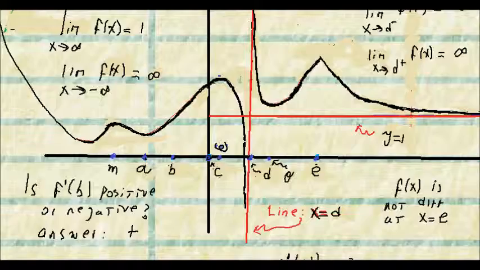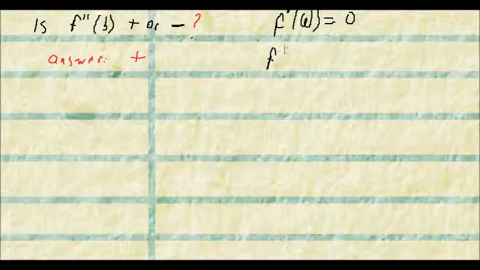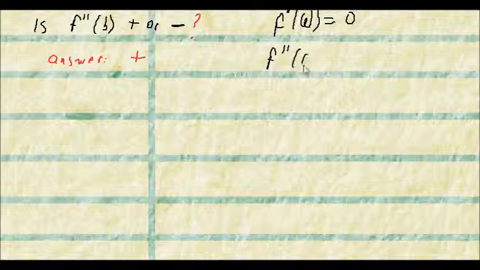That's O. So what is f double prime of the letter O equal to? Is that positive or negative?